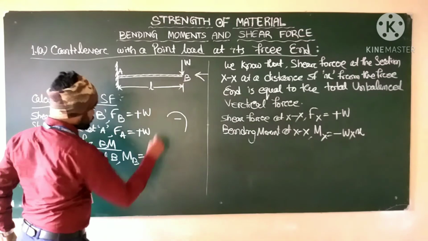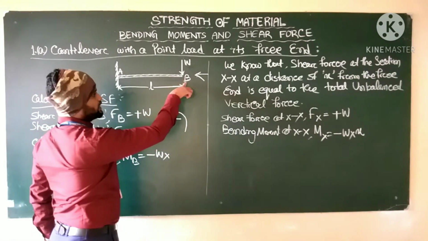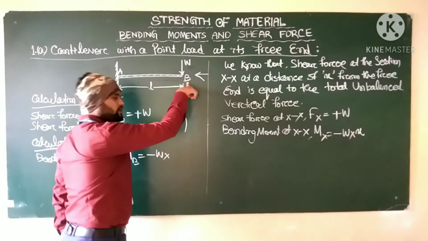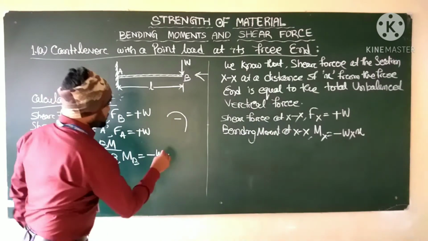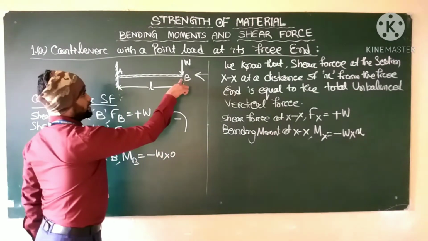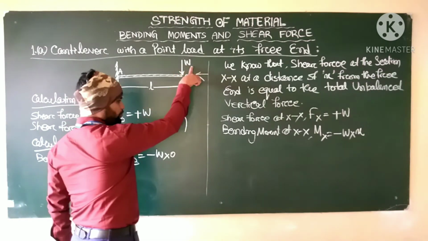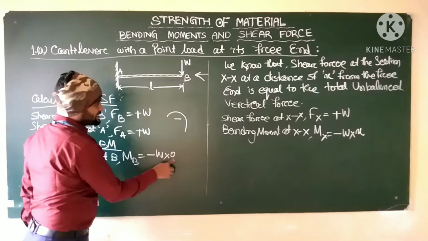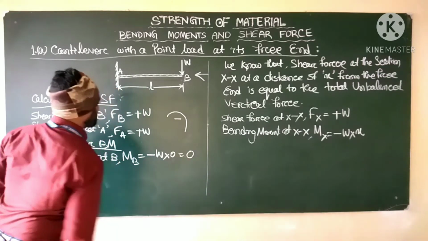Next, moment means force into perpendicular distance. So what is the load? W into the distance. We will calculate the bending moment at B. Load is applied also at B, so the distance between the load applied and B is 0. Force is W, but the distance from B to B is 0, so this value is 0.